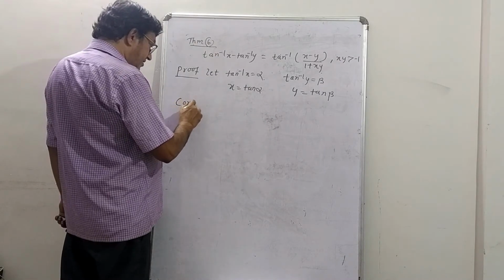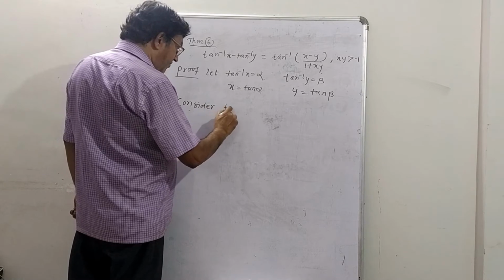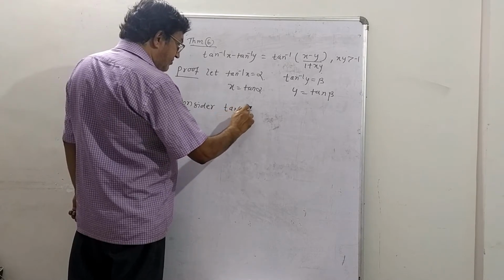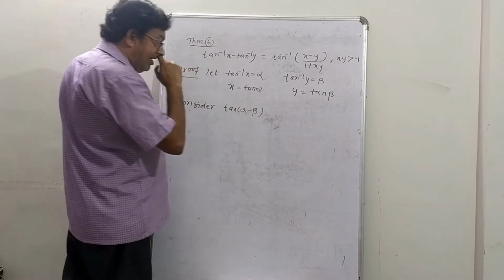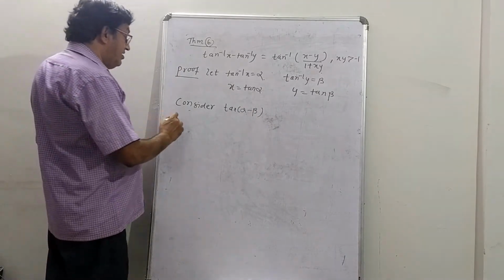So we will consider tan of (alpha minus beta). What is tan of (alpha minus beta)?